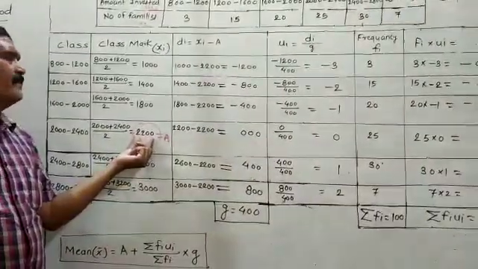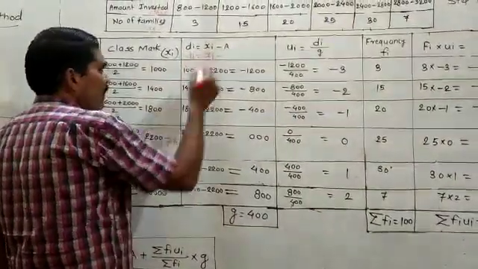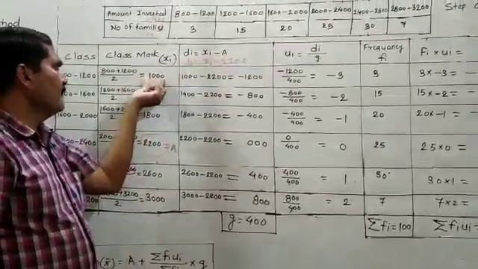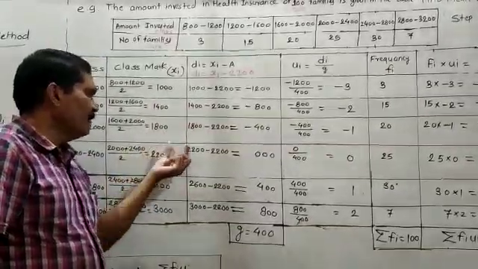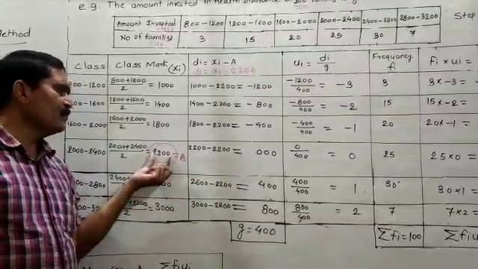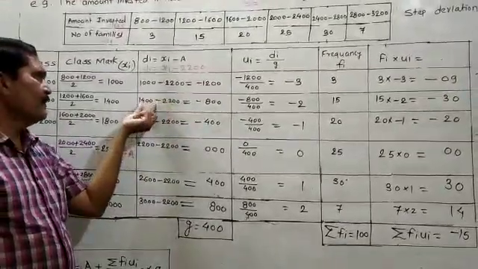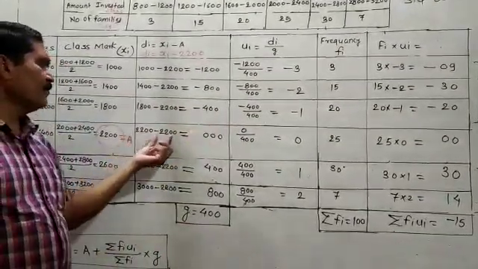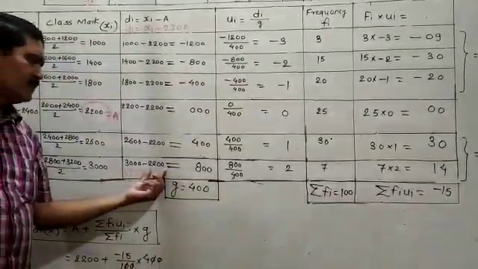Once I assume this, it is very easy to find di. di is equal to xi minus A, that is xi minus 2200, because we assumed 2200 as A. So we do 1000 minus 2200, which is minus 1200. 1400 minus 2200 is minus 800. 1800 minus 2200 is minus 400. 2200 minus 2200 is 0. 2600 minus 2200 is 400, and 3000 minus 2200 is 800.